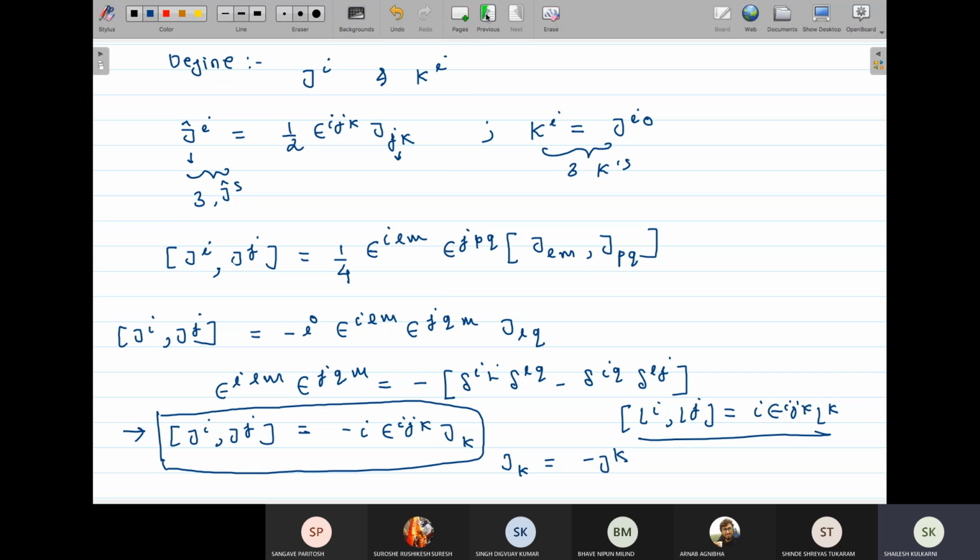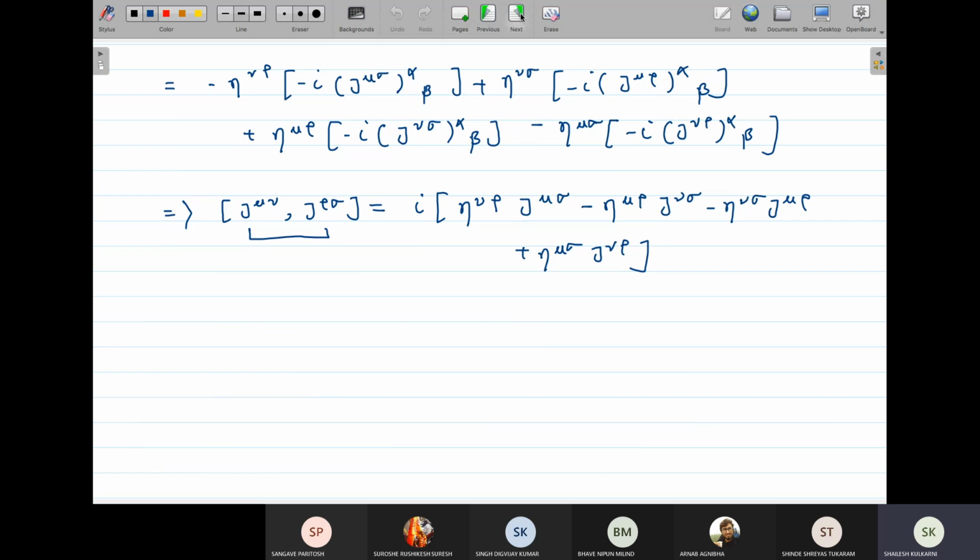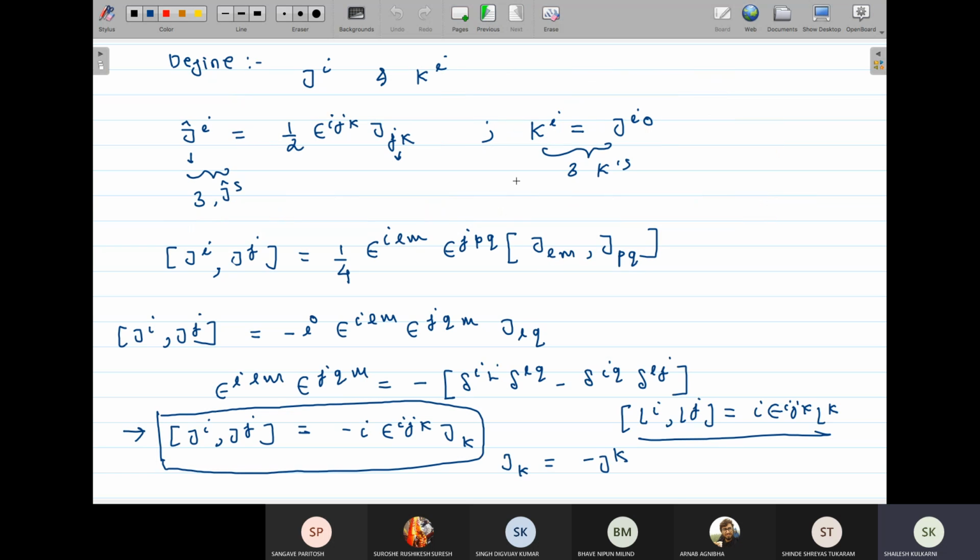The rest of the thing. Now what I want to do is the commutator of Ki with Kj, and then the commutator of Ji with Ki. So the rest of the commutation relation: Ki Kj will be equal to i times epsilon ijk Jk.